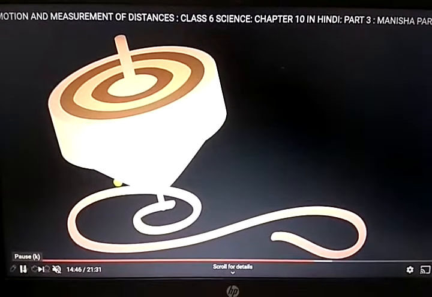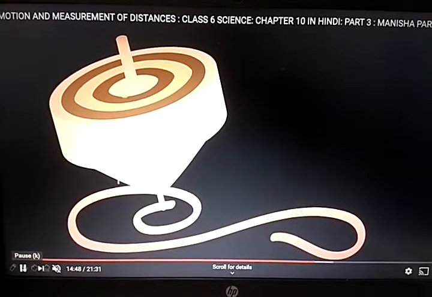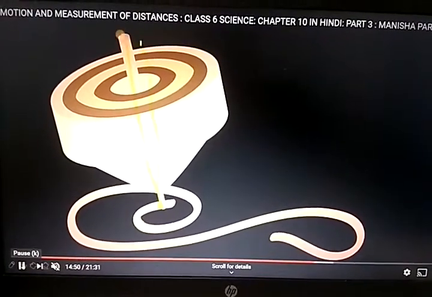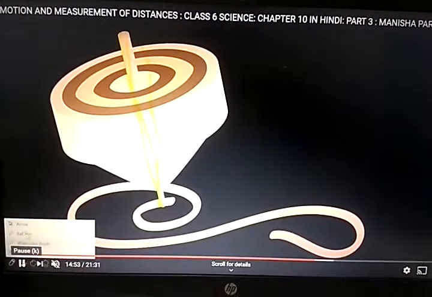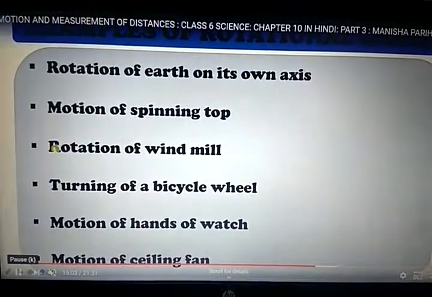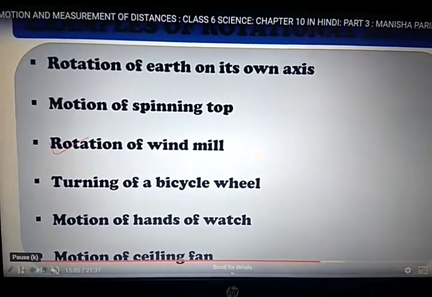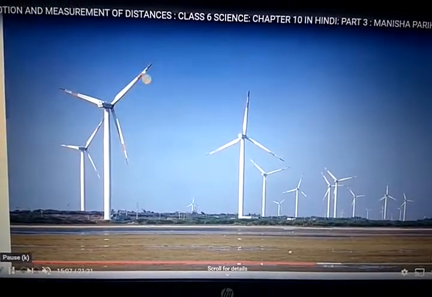This is the example of a top, which is moving on its own axis. This is a windmill.